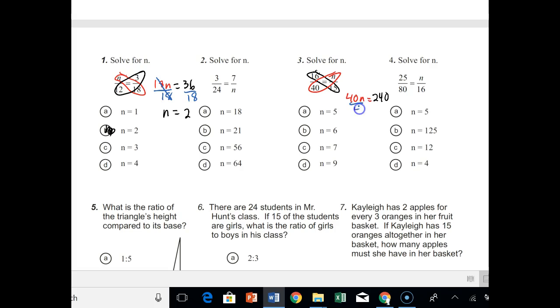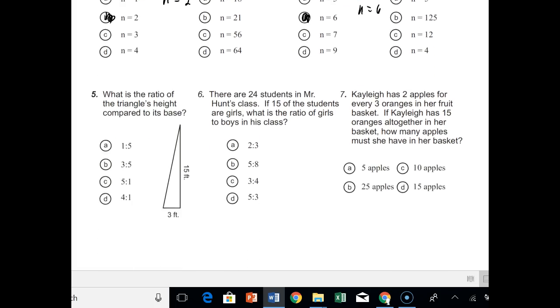Divide by 40. And n in this case is equal to 6, right? And it makes sense. If you plug this back in, 18 times 2 is 36. 40 times 6 is 240. And if you plug it even back into here, 6 over 15 is the same thing as 16 over 40. If you divide both these by 8, you get 2/5. If you divide both these by 3, you get 2/5. So your answer should always make sense if you plug it back in.